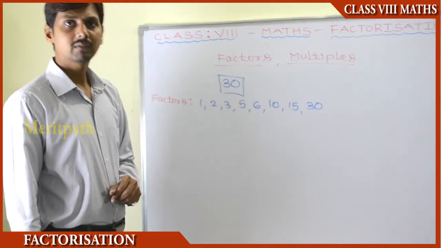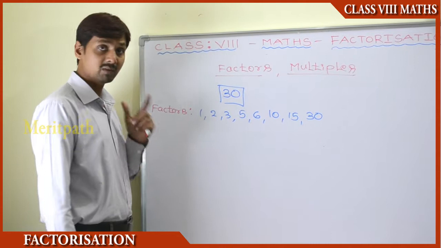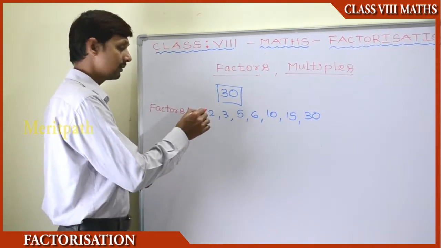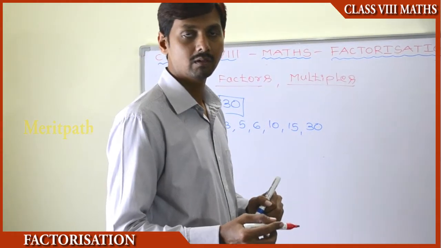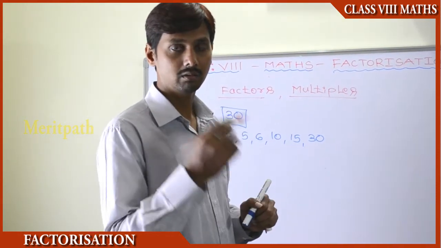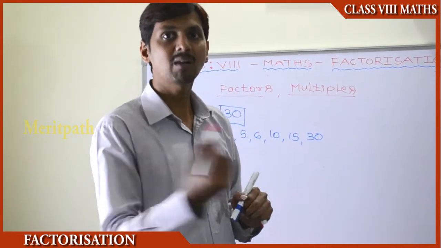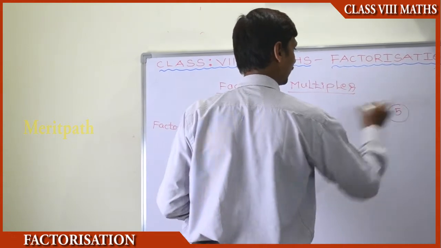So let's take some of the factors from it that are only prime numbers. We know that prime numbers are those which are divisible by 1 and the number itself. For example, we take 5.